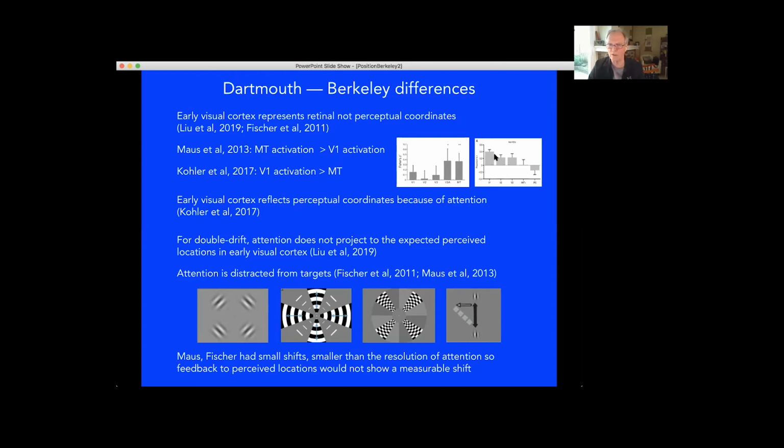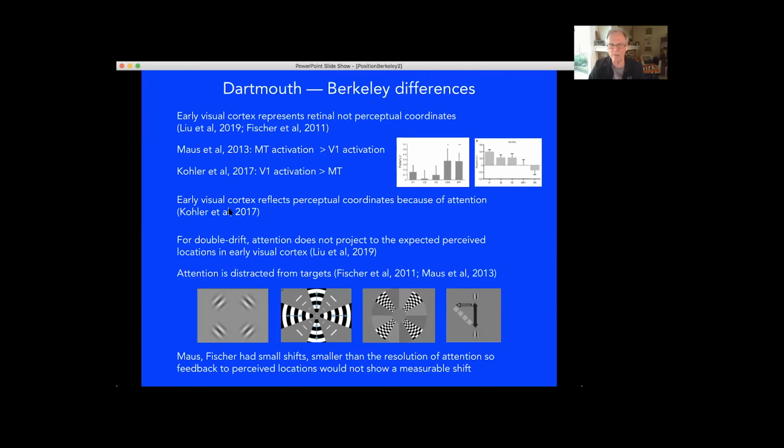V1 was the strongest, and then it got less. So why is that different? We'll get into the stimuli in a moment to see. Peter Kohler says visual cortex reflects perceptual coordinates because of attention, not because of early shift. Well, certainly Garrett and Jason were not finding any early shifts or early effects matching perception.